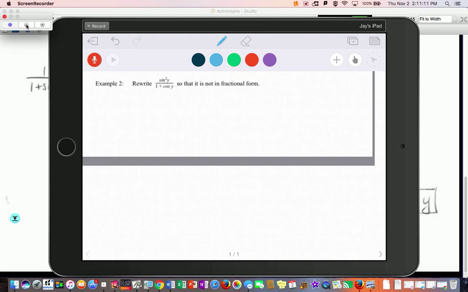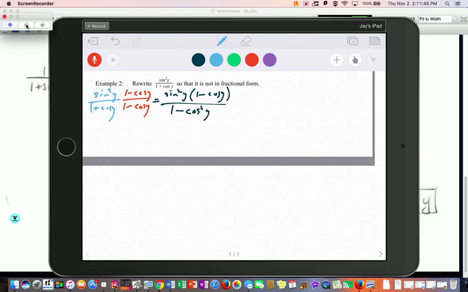All right, let's try it once here. So I have sine squared over 1 plus cosine. I'm going to multiply by 1 minus cosine. And I'm going to write it as sine squared times 1 minus cosine of y all over 1 minus cosine squared of y.